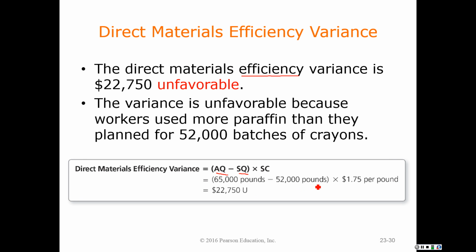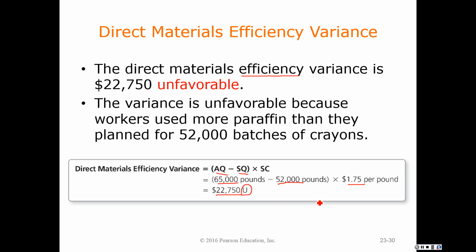Now notice our difference. I thought I should use 52,000 pounds of paraffin, but I actually used 65,000. We multiply that times our standard cost per pound, and now I have this unfavorable variance of $22,750.